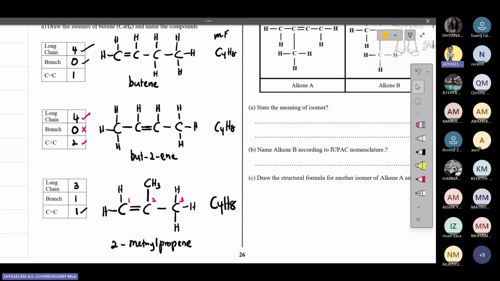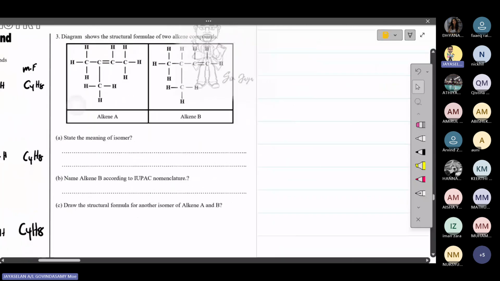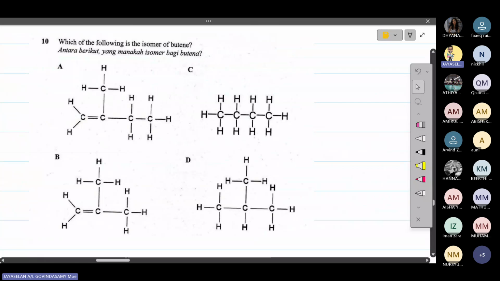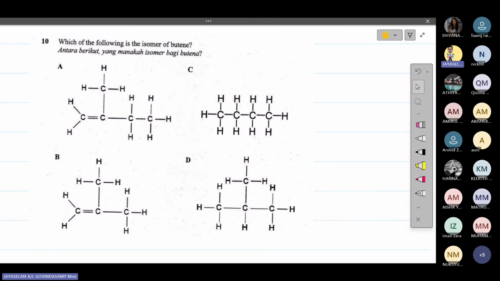Okay, I'm sure all of you done. Okay, we go for this question. Before we do this question, tengok soalan ni. Okay, siapa nak bagi jawapan? Inman, can you give me the answer?